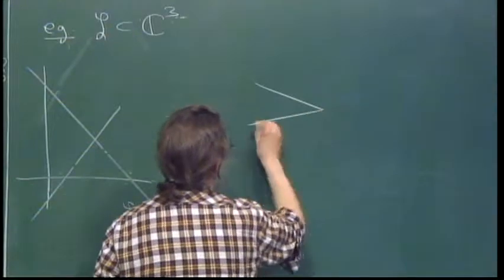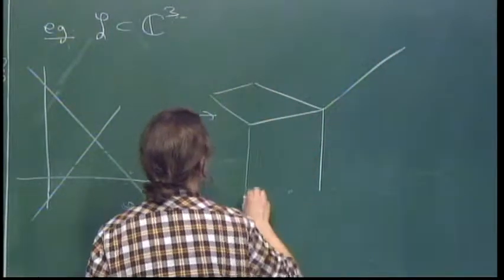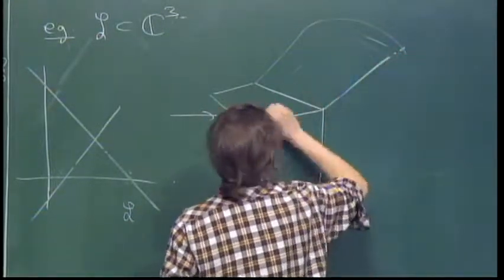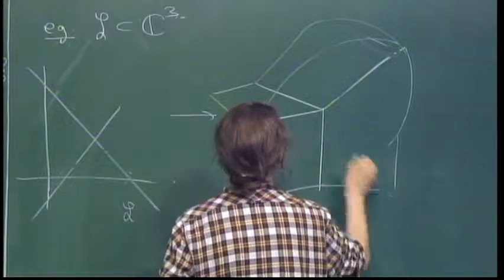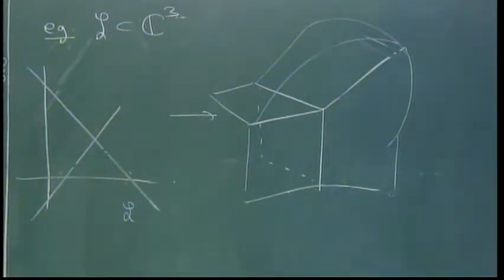This is my L with these 4 distinguished lines, and when I tropicalize, I get this fan that was drawn already. So this is now in T3.